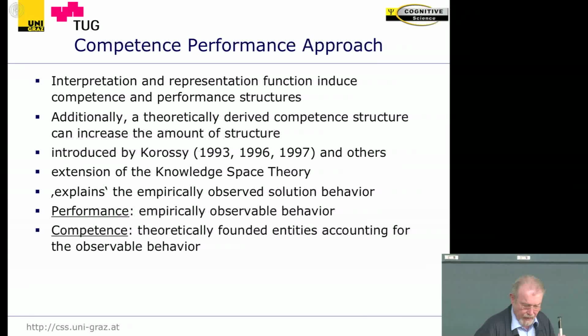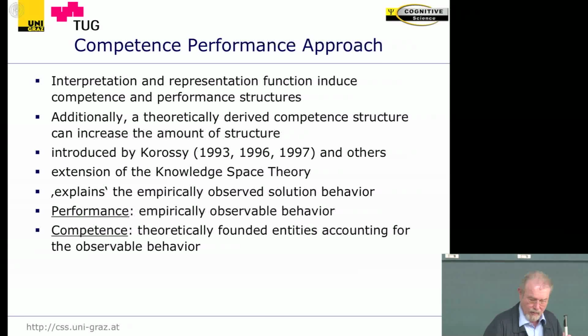So the approach can be seen as an extension of the knowledge space theory, and in some sense, using the competencies, it explains the empirically observed solution behavior of a student. The performance refers to the empirically observable behavior, and the competence refers to the theoretically founded entities according to the observable behavior.